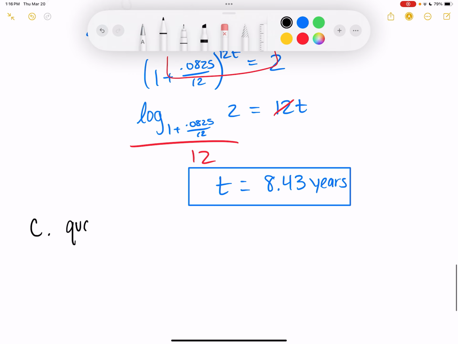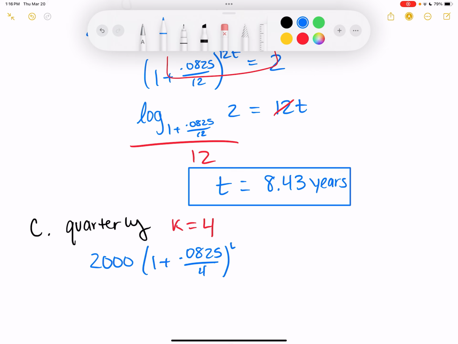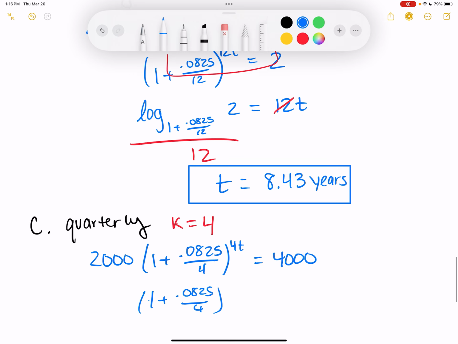All right, quarterly. What does that mean? Yep. $2,000 times 1 plus 0.0825 over 4 raised to the 4t equals 4,000. 1 plus 0.0825 over 4 raised to the 4t equals 2.